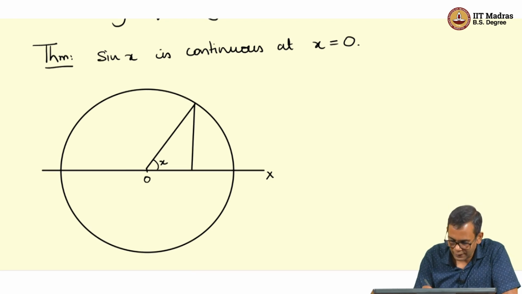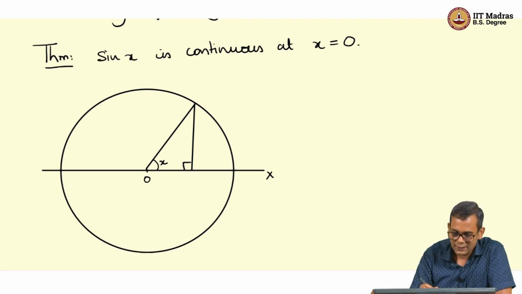Now, if you look at this right angle triangle, then sin x is the ratio of the opposite side to the hypotenuse of this angle x.